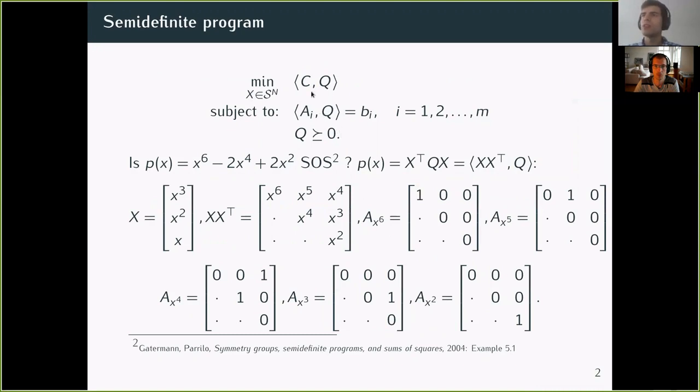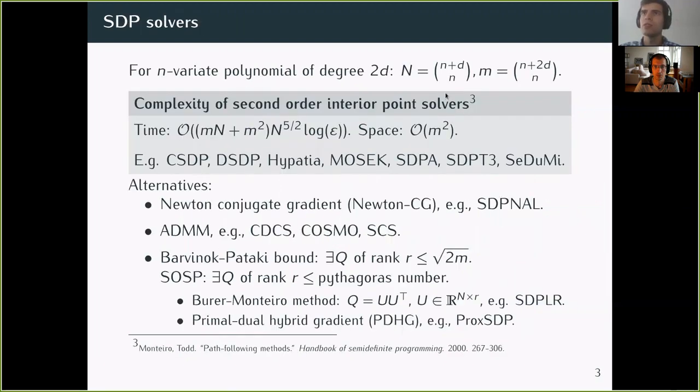If you have many smaller blocks, it's better than having one large block, because the number of unknown entries in Q is quadratic in the size of the blocks. Here the dimension of Q will depend on the number of monomials of degree 3, and the number of A_i will depend on the number of monomials of degree 6. That's how you get these numbers.